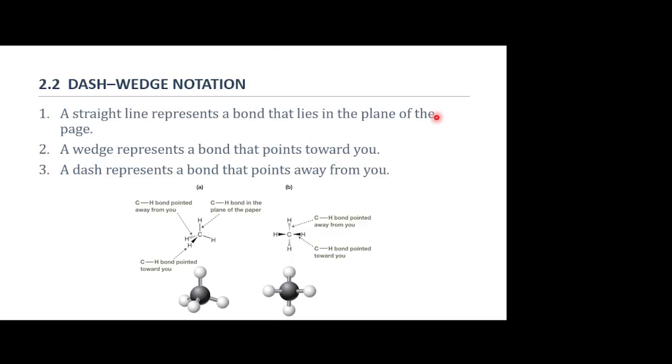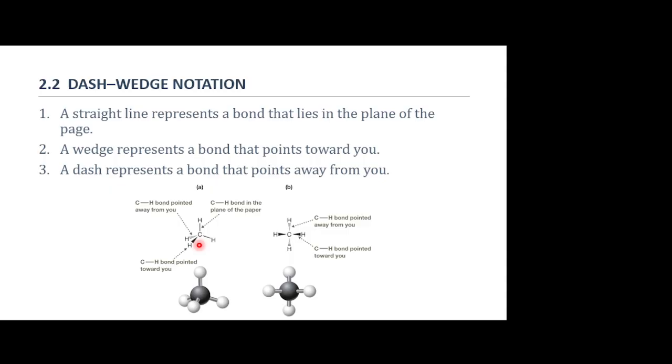So a straight line represents a bond that lies in the plane of the page. If you see a straight line, then that one actually represents a bond that's straight in the page. It's not coming out towards you. It's not going away from you. It's flat. All right. The ones that are wedges are going to be coming out towards you. See how this is colored in, a dark wedge?